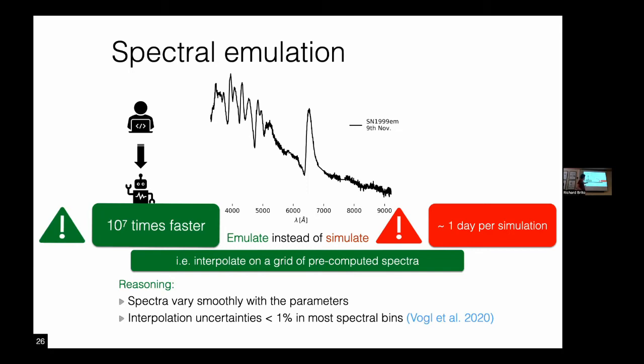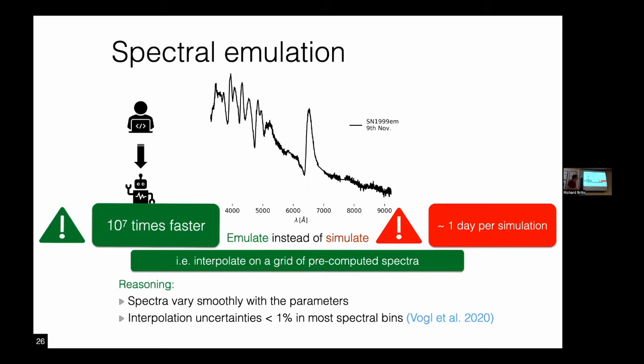The reasoning behind why it works is that there is no reason to assume that the spectra don't vary smoothly when you change parameters. I mean, nature typically behaves in a smooth way. It doesn't mean that it has to behave linearly, but at least smoothly.